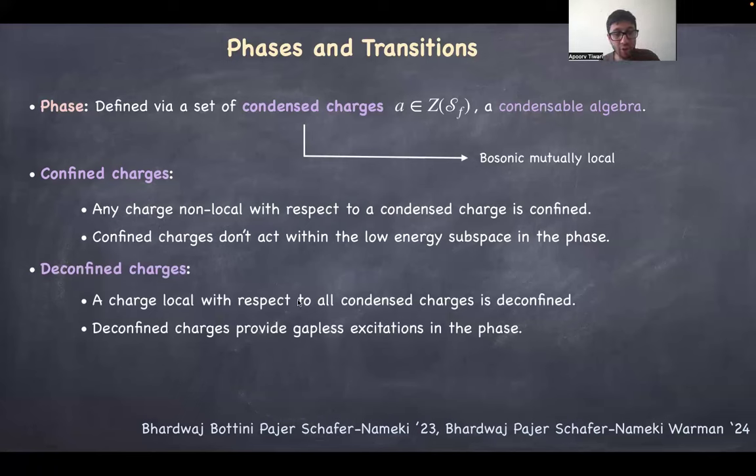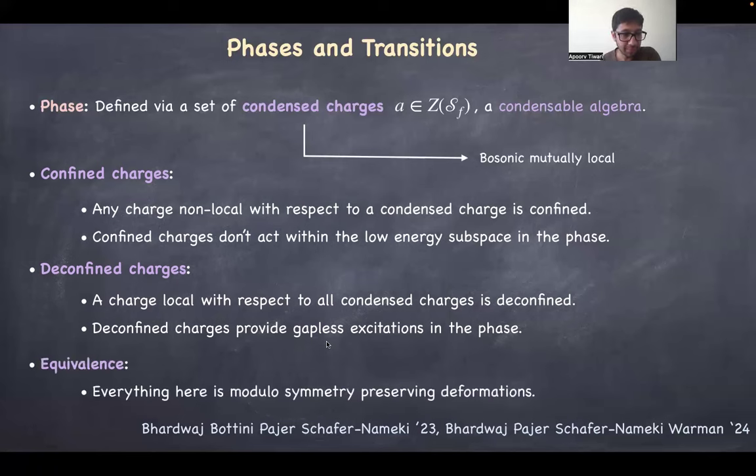These are charges that are local with respect to all condensed charges, and they may potentially generate gapless excitations within a phase. Everything here is modulo symmetry preserving deformations. So one can always deform away; any statement made about gappedness or gaplessness of a phase is up to this isomorphism.